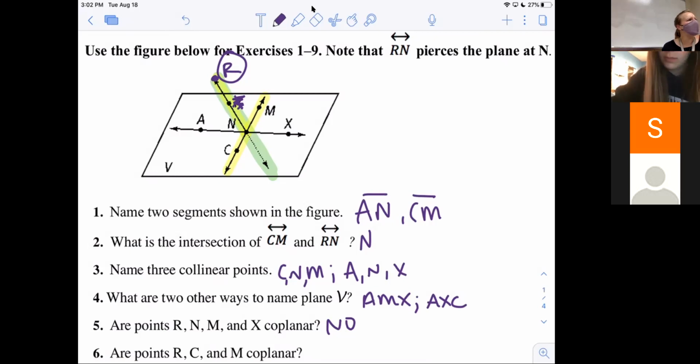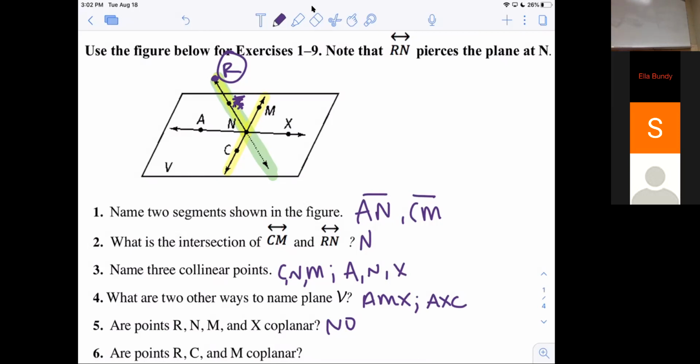What's my only rule for making a plane? 3 non-collinear points, right? Are R, C, and M collinear? We can still make a plane, though. If I had 2 points on my desk at either end of the clipboard, and then 1 point at the top of the clipboard, they're not all on the desk plane, but are they all on their own plane?